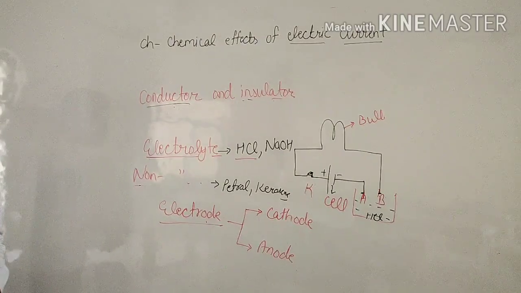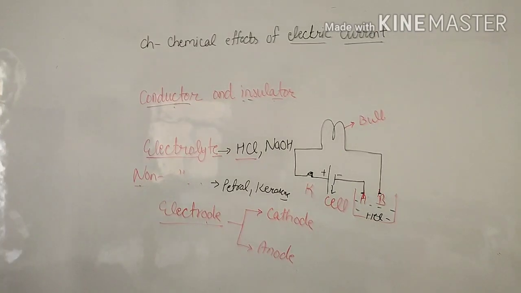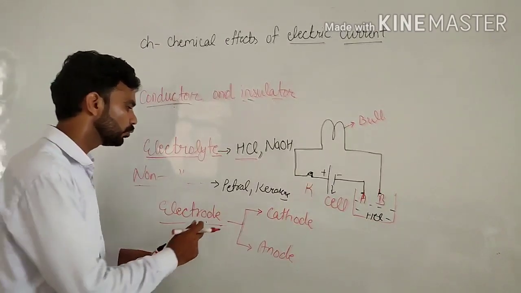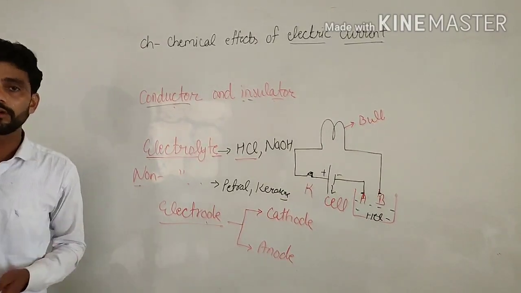Electrodes are the metal wires or plates through which current enters or leaves the electrolyte. We have two types of electrodes: cathode and anode. Now what is cathode and what is anode?